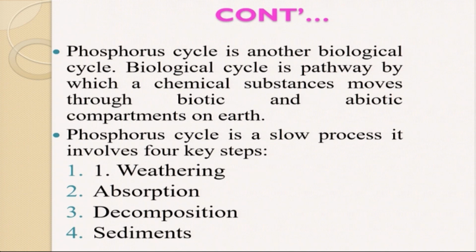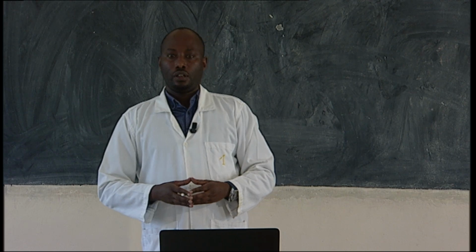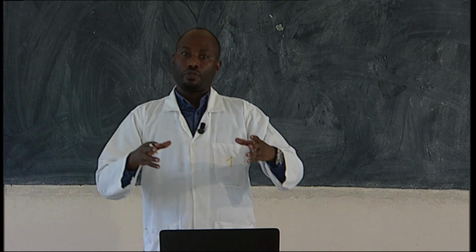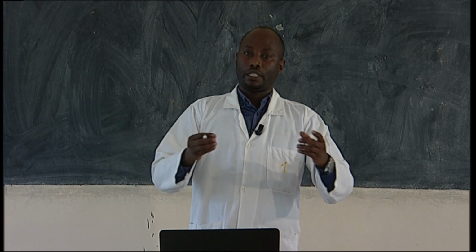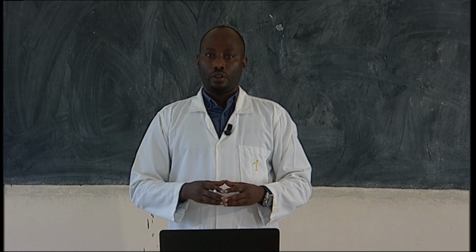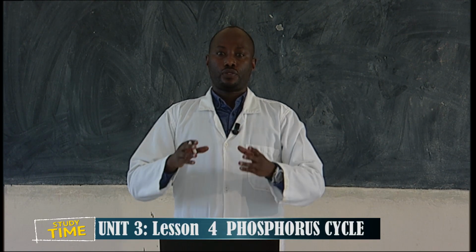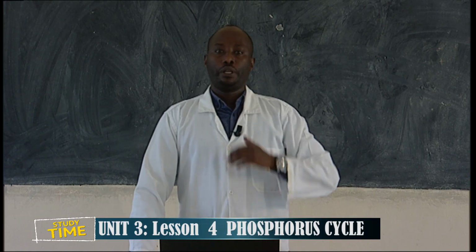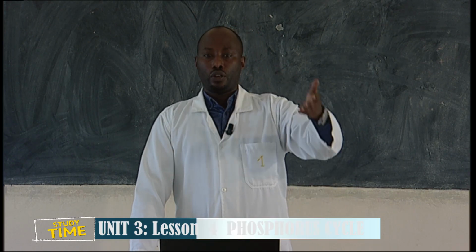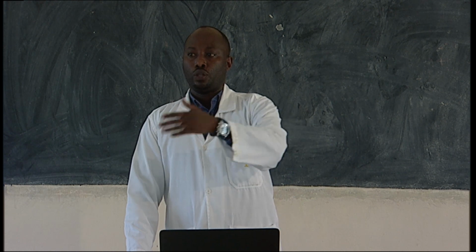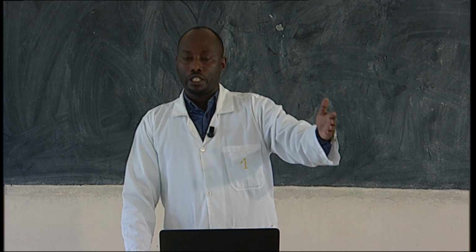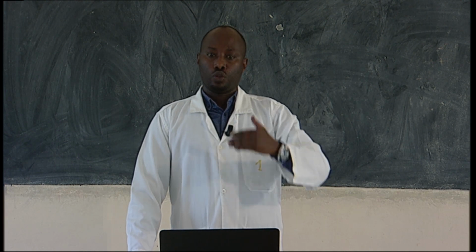Weathering. Most of the time, phosphorus is normally found in rocks, where we find an abundant percentage of it. When it rains, the phosphorus is removed from the rocks and taken to the water bodies, and even to the seas and oceans, because of weathering.